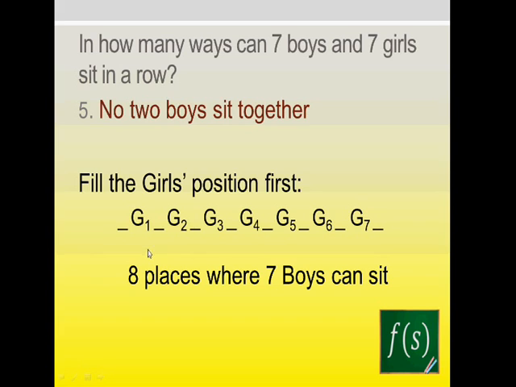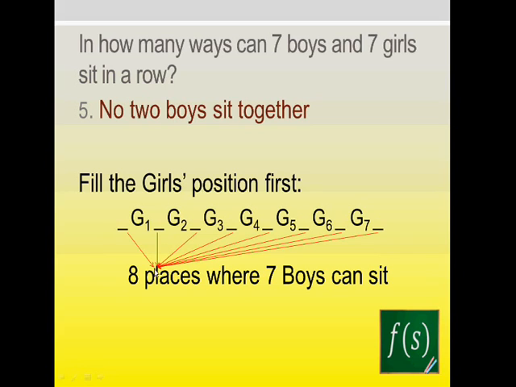Let the girls fill the positions, and you'll always leave one place between the girls. This is the way you solve these questions. So there could be a boy sitting before a girl, there could be a boy sitting after a girl, and you will always leave one position between all these girls.